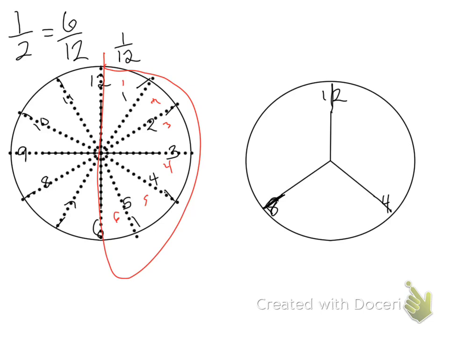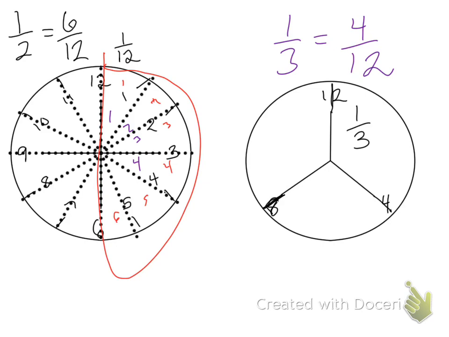Each of these pieces equals 1/3 of my whole. How many 12ths are the same as 1/3? If we look between the 12 and the 4, there's 1, 2, 3, 4. So 1/3 is the same as 4/12.